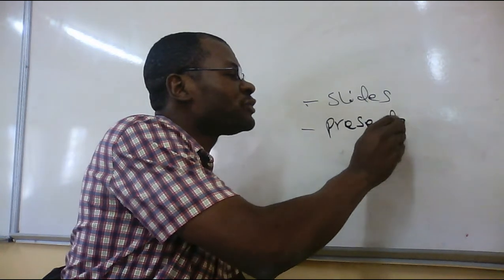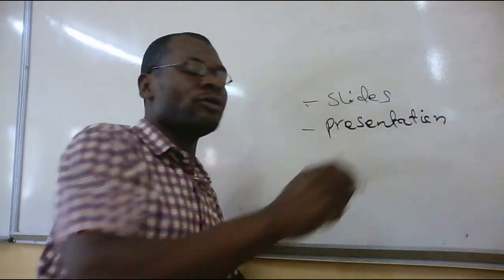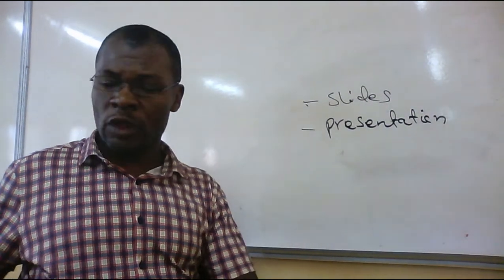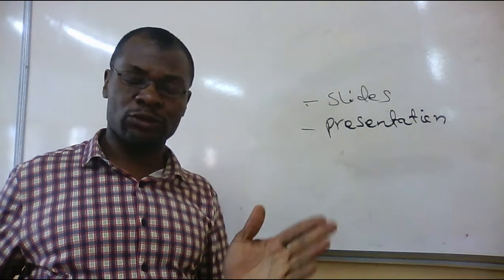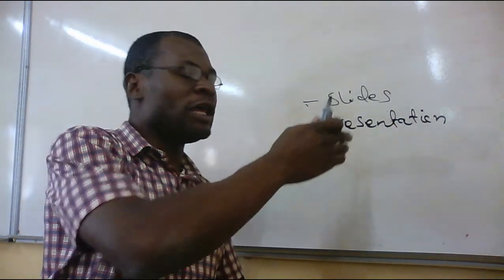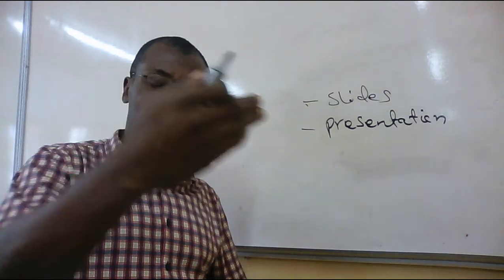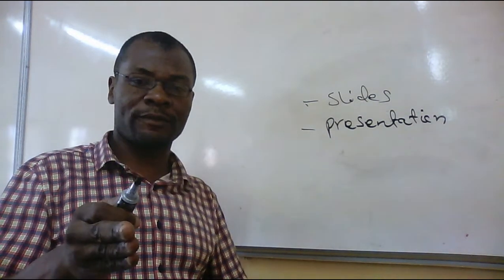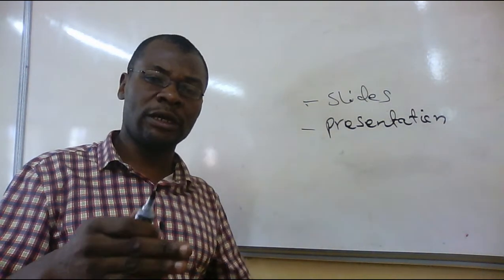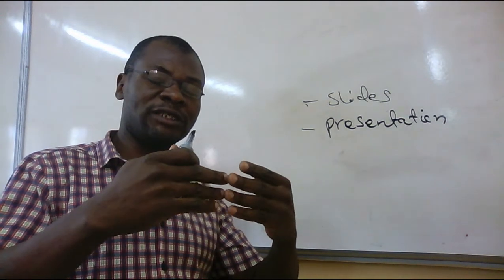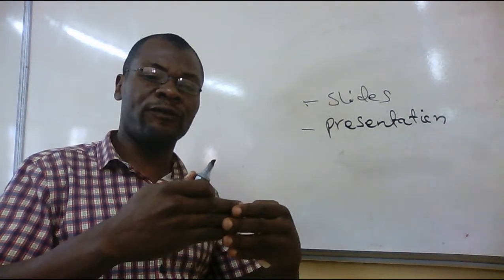When they say use presentation software, you're going to use PowerPoint. Why do they say presentation software? Because if you want to present a class to an audience, you can use PowerPoint. It can present slide by slide in full mode.